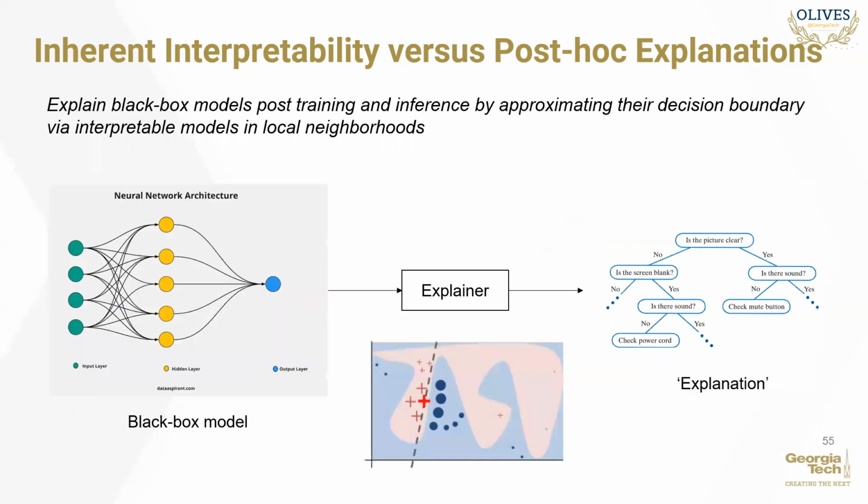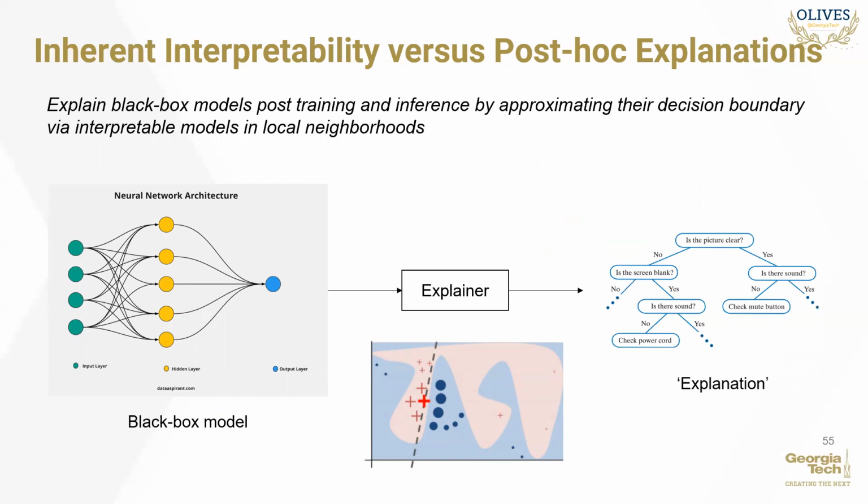And this is where post hoc explanations come in. Post hoc explanations refer to the process of obtaining insights from a black box machine learning model after the model has already been trained on some data set. The general process would look something like on the slide, where you have a black box model. In this case, I have a neural network architecture that's been trained on some data set.